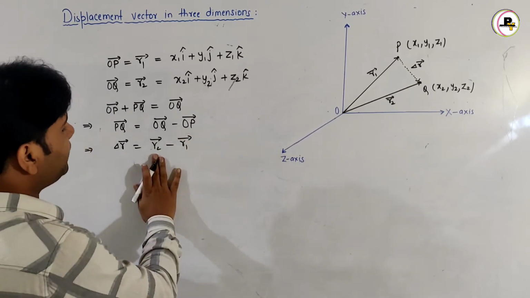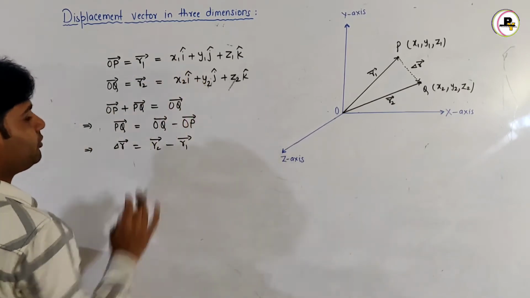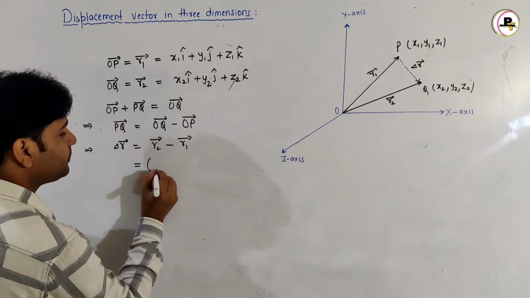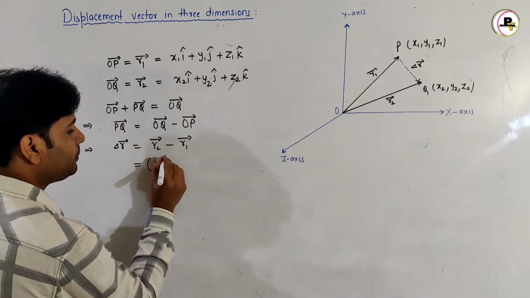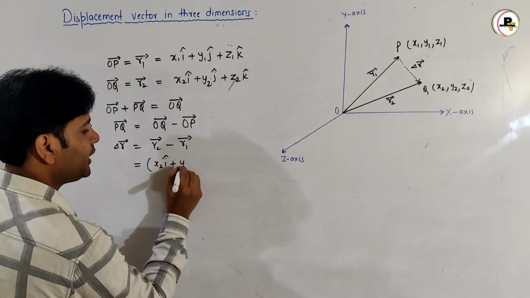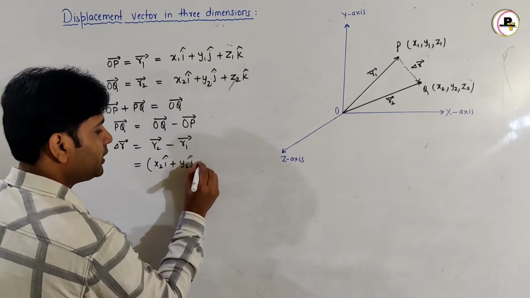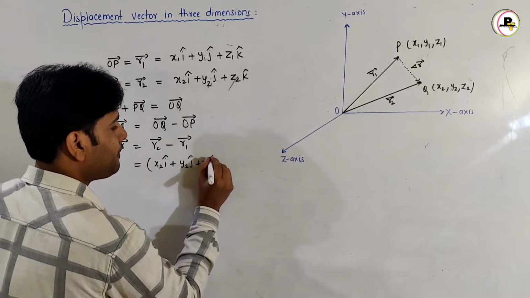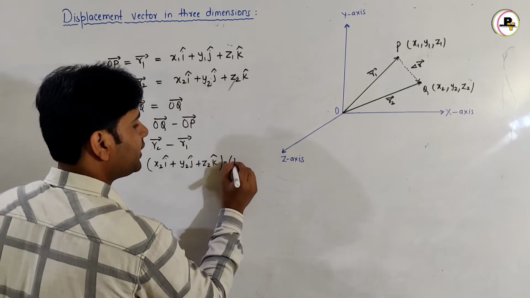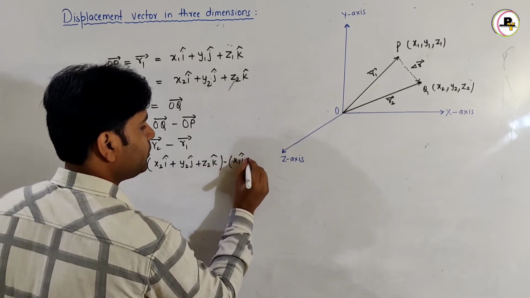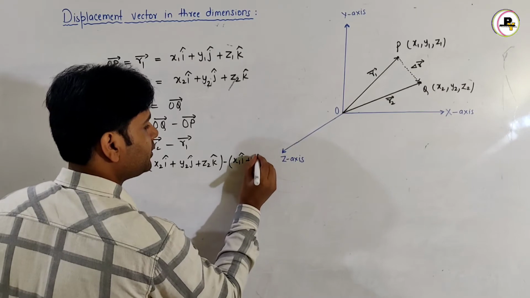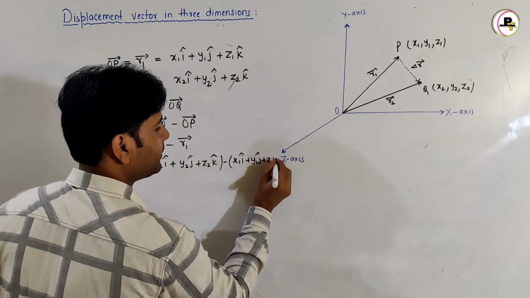Now substituting the values of r2 vector and r1 vector from here, I can write x2 i cap plus y2 j cap plus z2 k cap minus, in the second bracket, x1 i cap plus y1 j cap plus z1 k cap.